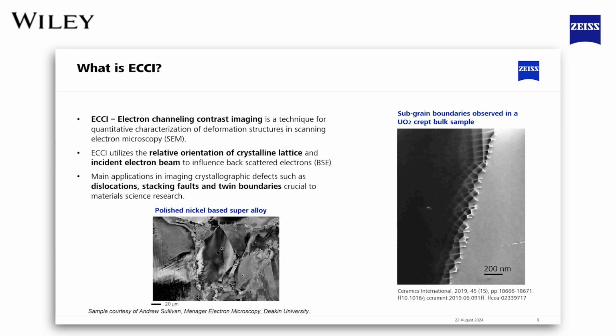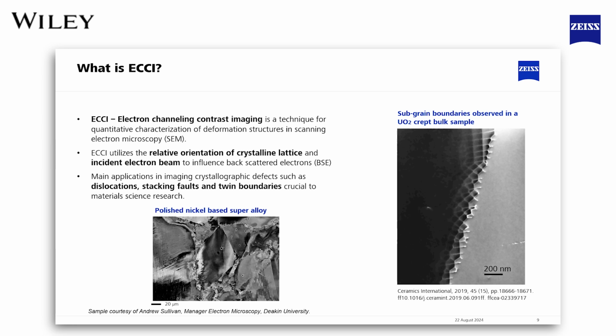Now let's talk about the main topic of today's presentation, which is ECCI. ECCI stands for Electron Channeling Contrast Imaging, which is a mode for quantitative characterization of deformation structures using an SEM. It is based on the relative orientations of crystal lattices and the incident electron beam to produce the desired backscattered signal.